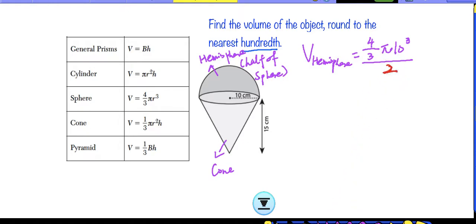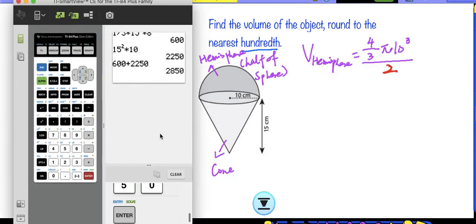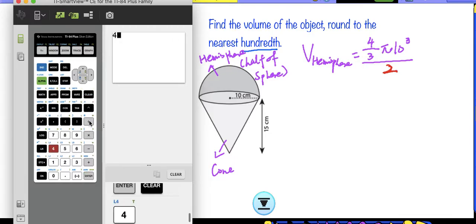Now I just need to put everything in the calculator and finish the calculation. Let's clear everything so we can still see that. So 4 divided by 3, 4 over 3, times pi. Just because we need to round later, do not just use 3.14 for pi unless you're told so. You better use pi here, times 10 to the third power. This little arrow here is to the third power.